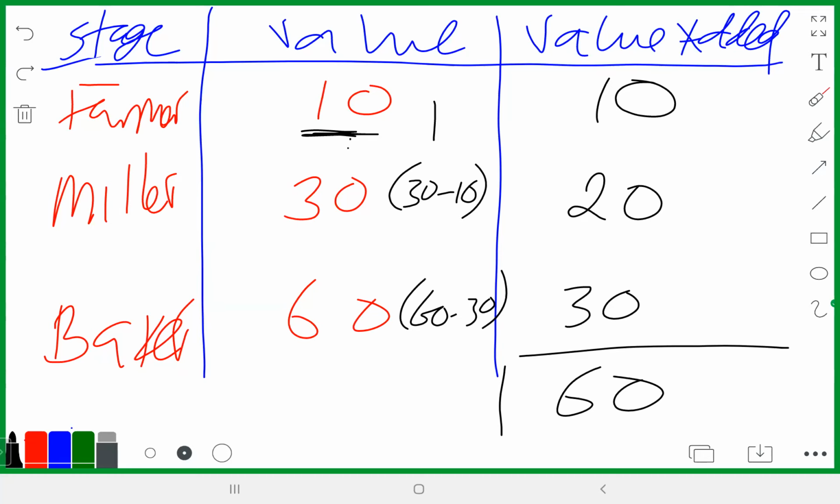Now, you may just be wondering, why is the price of bread 60? Because you are the final unit in the production process. You are the consumer, you are the end user. You may just be wondering, why is it 10?